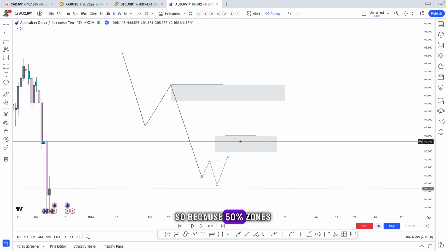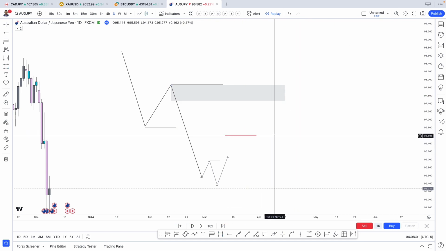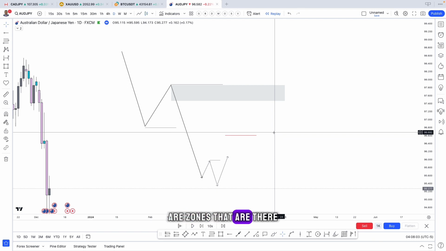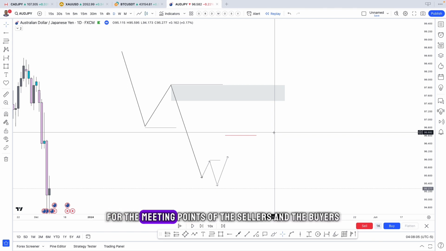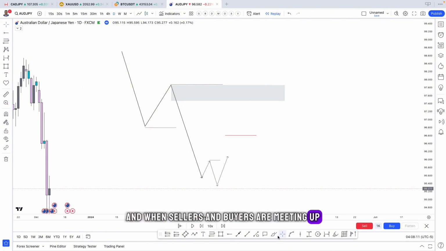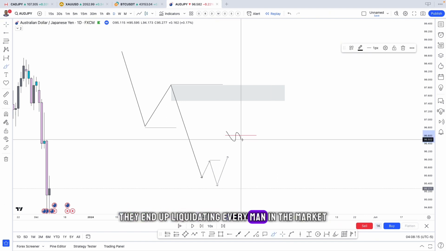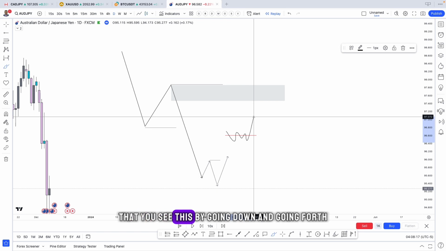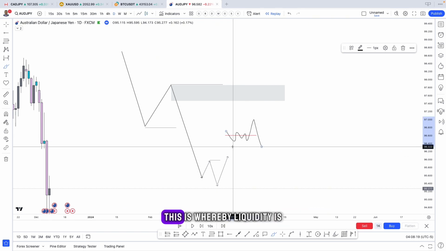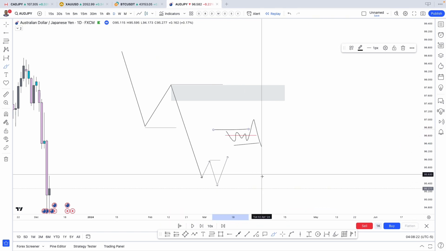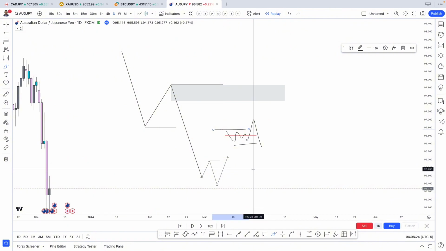Because 50% zones are zones that are the meeting point of the sellers and the buyers. And when sellers and buyers are meeting up, do you know what they do? They end up liquidating every man in the market. You see the spike going down and going forth. This is whereby liquidity is moved and grabbed.